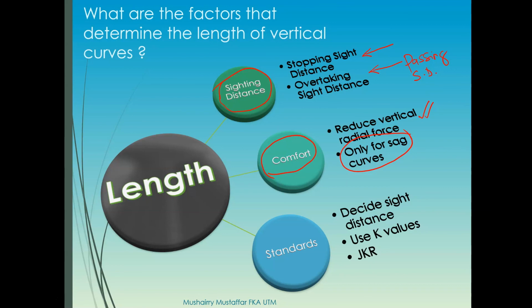Obviously there are standards that we can refer to, to make our life easier as far as design is concerned. To decide on the sight distance, there is a standard, and also what we call the K values. We'll come into that in the next few slides. The governing body, as I mentioned earlier, is JKR, so we're going to base on the standard given by JKR.